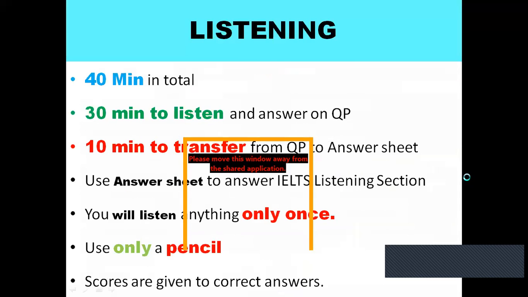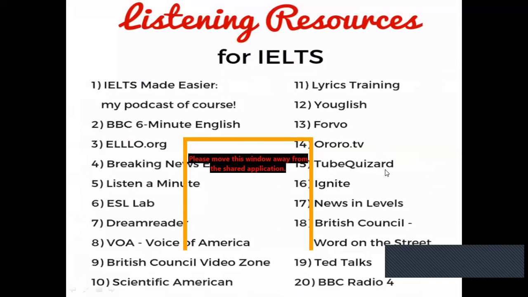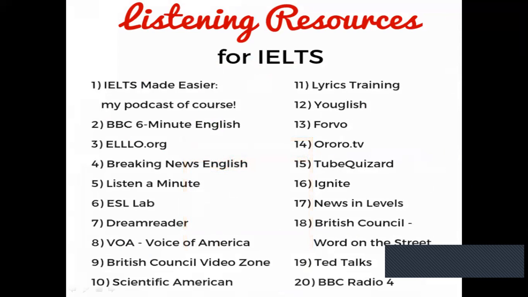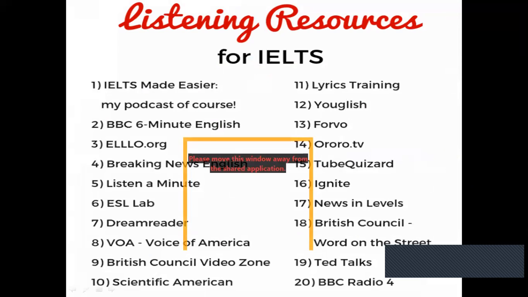Thank you, Krishna. Right. Now, if you look at the screen here, these are the various resources for listening. So if you can, please take a snap of this. IELTS Made Easier, BBC 6-Minute English, yellow.org, Listen a Minute. Okay, eslab.com, very important.